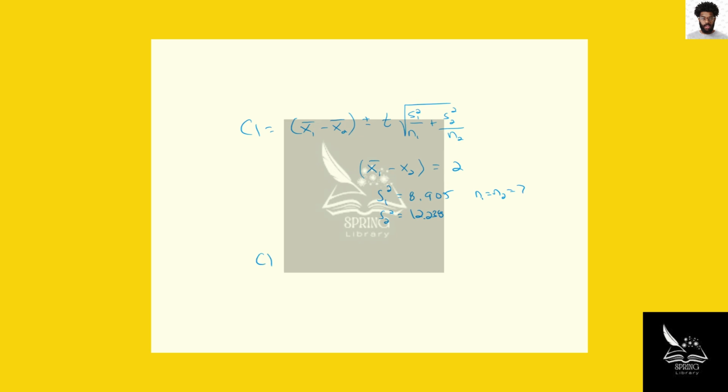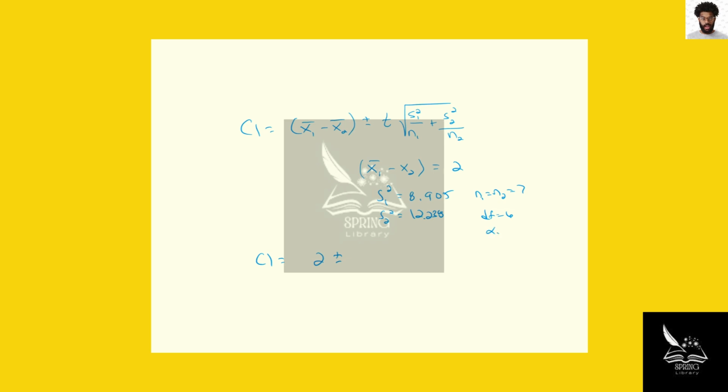And so our confidence interval is 2 plus or minus. Now our critical t would be 6 degrees of freedom, because we're dealing with the difference, so we don't have to subtract one from each sample, just one of the pairs of differences.